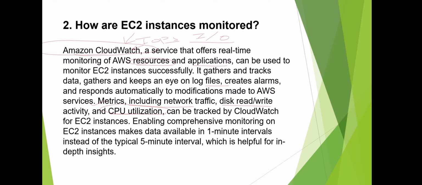In many environments, we get an incident that the CPU utilization is high on one EC2 instance or server. How can we know that? It can be tracked from the logs through CloudWatch for the EC2. Enabling detailed monitoring on the EC2 makes the data available at 1 minute intervals instead of the typical 5 minutes, which is helpful for deeper insight.